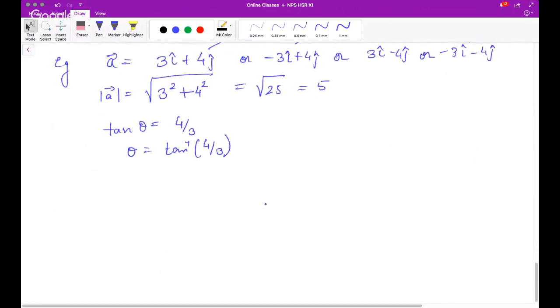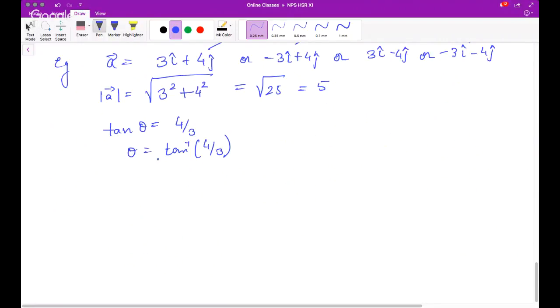Now this particular information will be used a lot in motion in 2D, which was the topic of discussion today. So this is the primer, or the prerequisite. You must know how to resolve a vector and how to find components of a vector along two different directions, and now we will take up the study of motion in 2D.